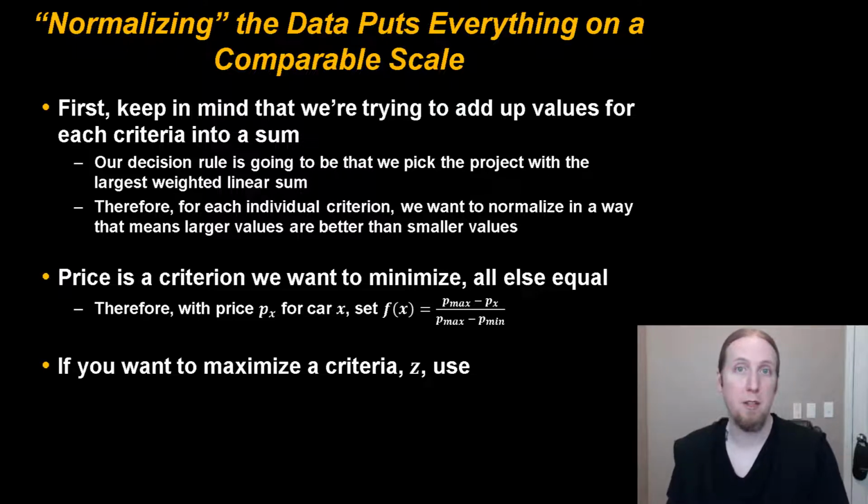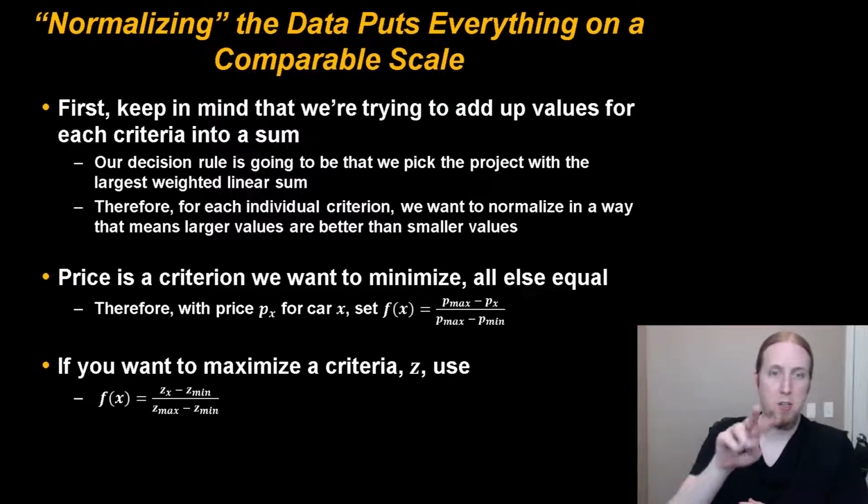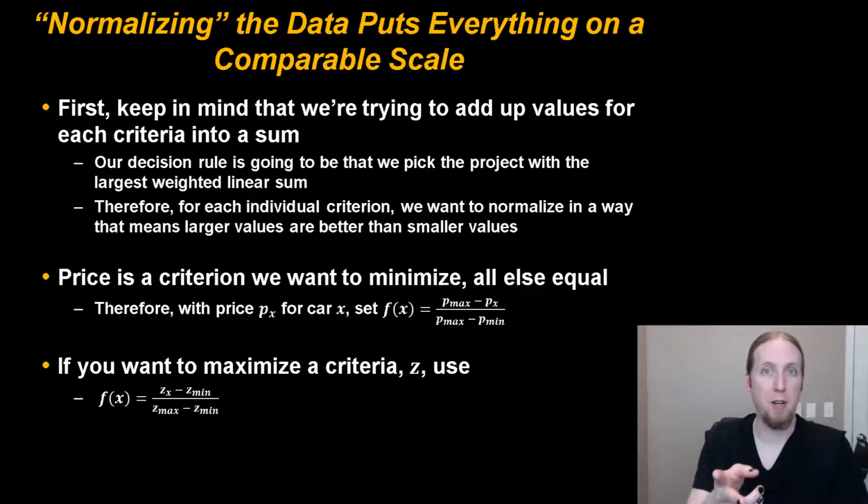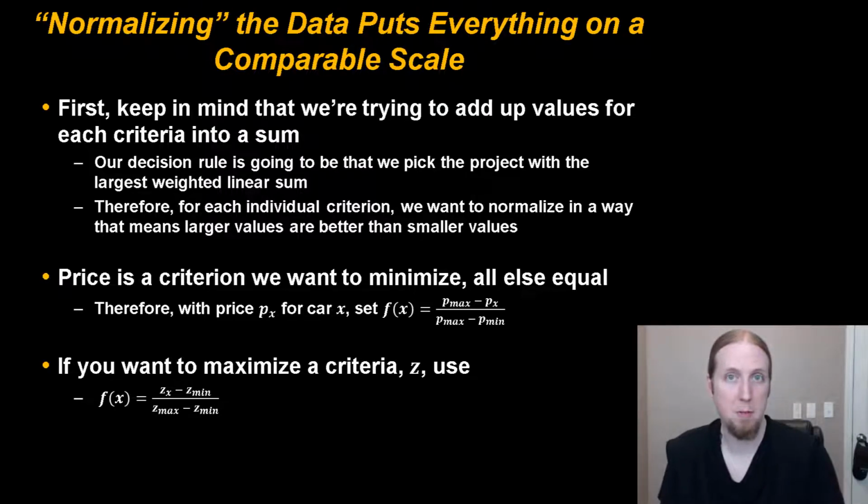If we want to maximize a particular criteria, then what we want to do is construct a function that just changes around the numerator. Otherwise, it's going to be the same as before. So we would have z of x minus z min, where that's the minimum value for criteria z among all of the cars we're considering. This way, because we want to maximize z, if we have the car x with z max, f of x is going to equal 1.